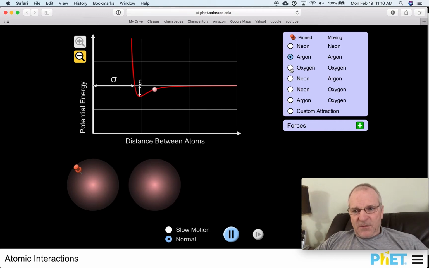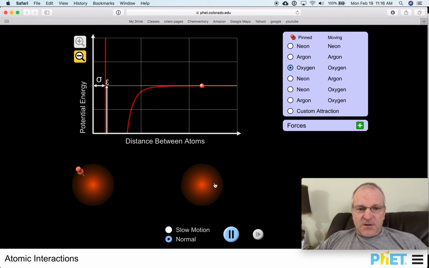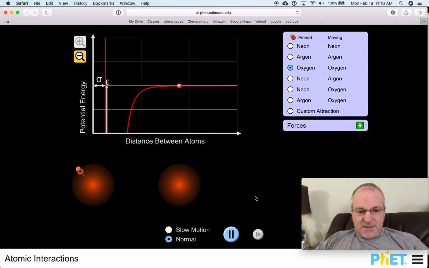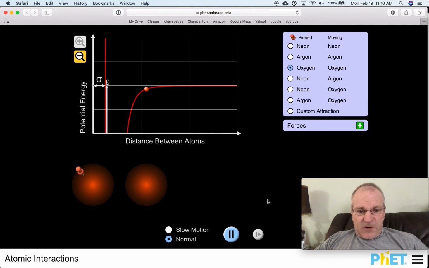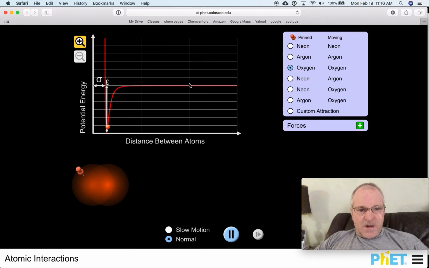This is wonderful grooviness, quote unquote, right there. So these are oxygen atoms. And as the oxygen atoms approach one another, look at that energy dip. Whoa. There you can see it.